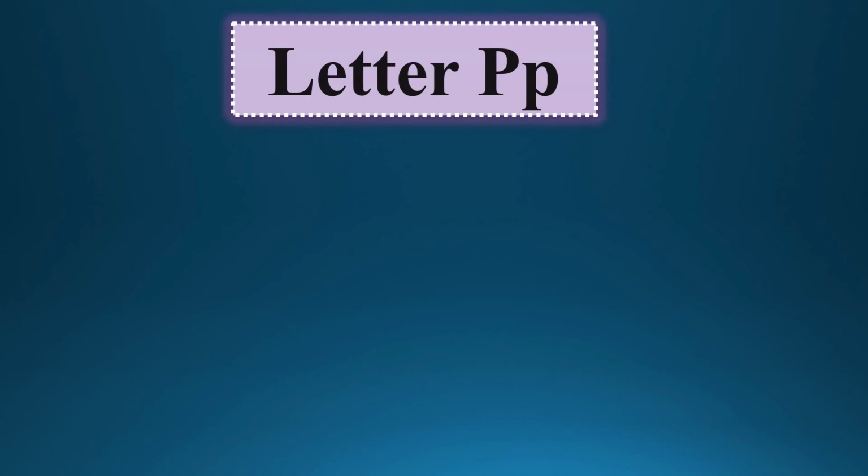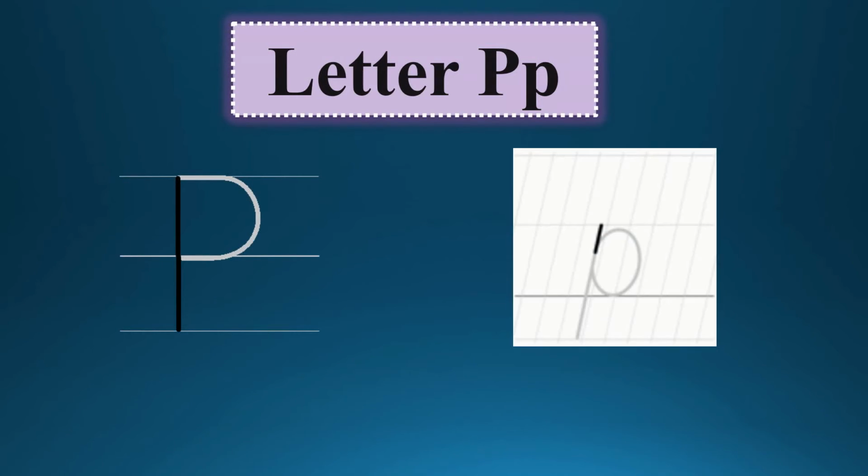Children, here is the letter P, capital letter P and small letter p. This is the way we write the letter. And its sound is p, p, p. Repeat with me. P, p, p.